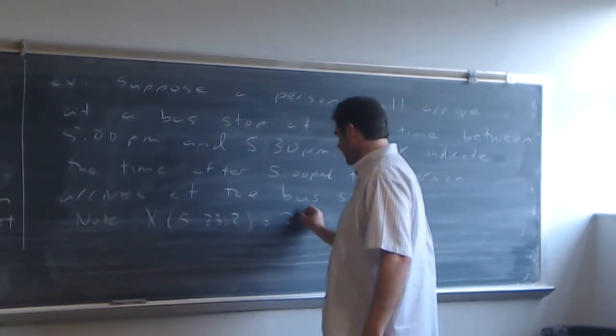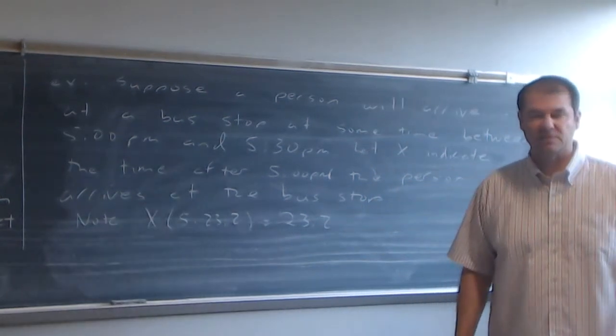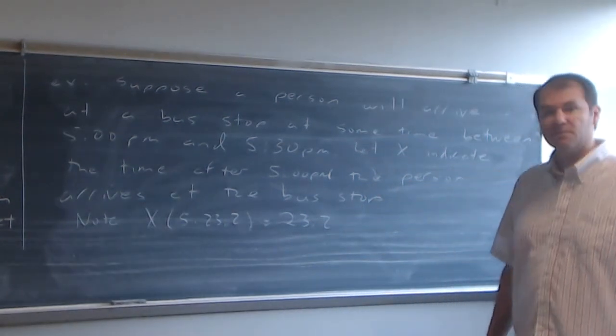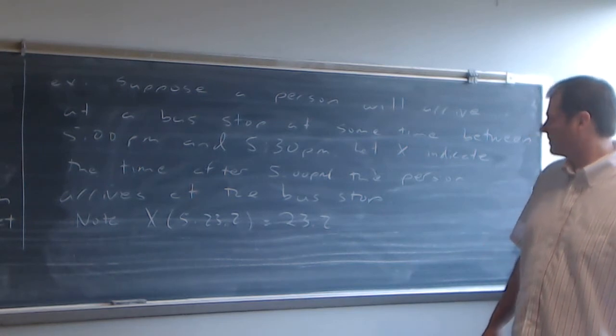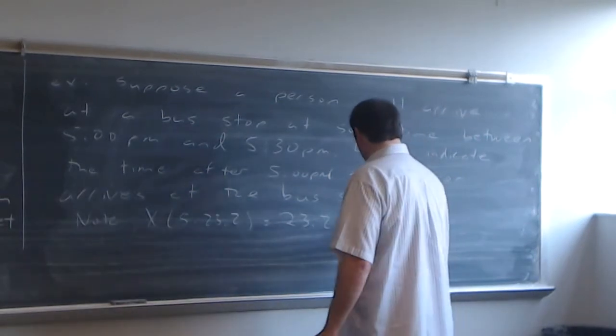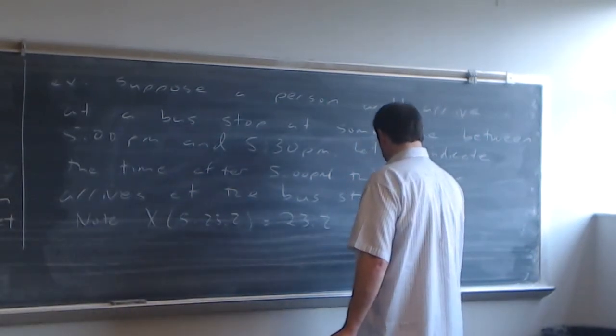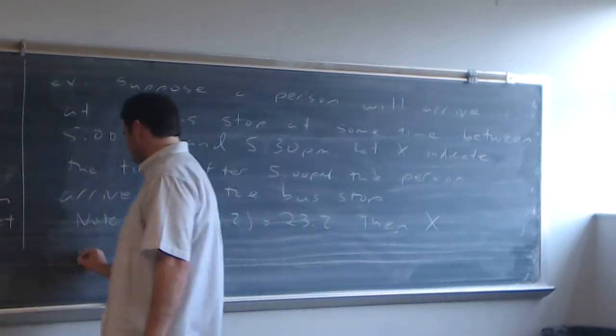And so X's output is 23.2, because X denotes the time after 5 p.m. when the person shows up. So that's an example of a random variable. Then X is a random variable.